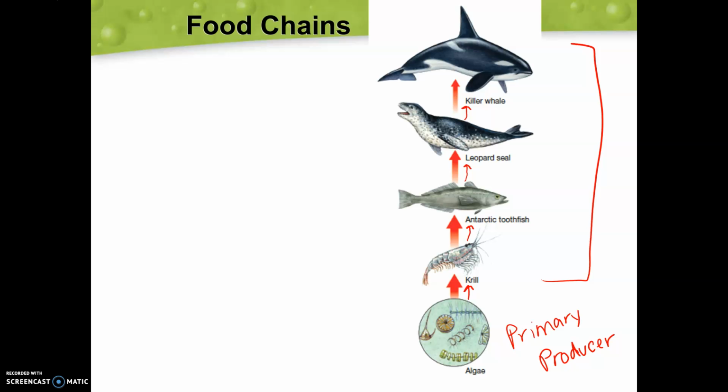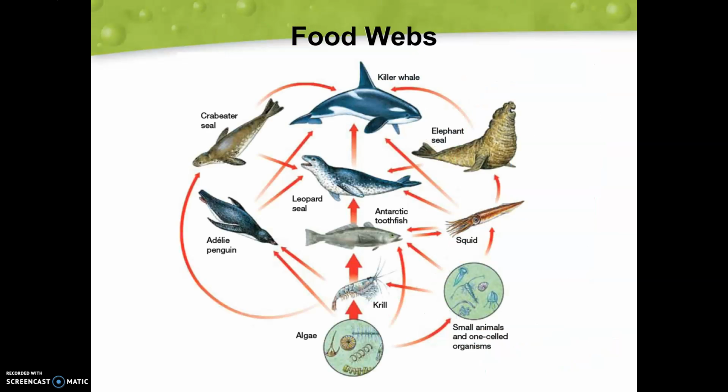If they were in the opposite direction, that would be telling us that our seal here would be eating our killer whale, or that our krill would be eaten by our primary producers, which is just not the correct sequence. So those arrows are going to be very important.